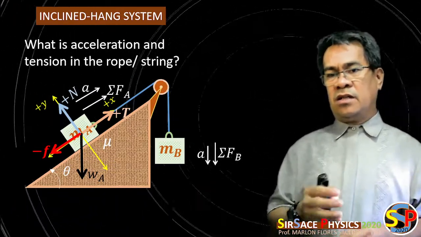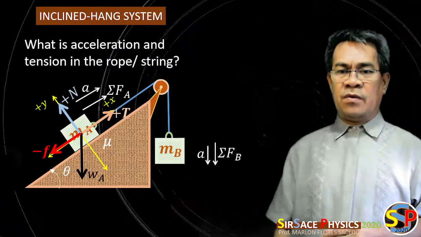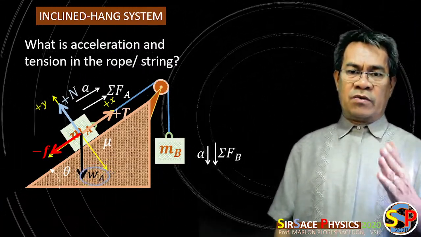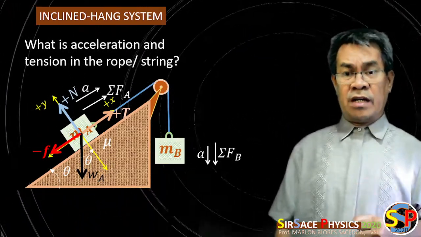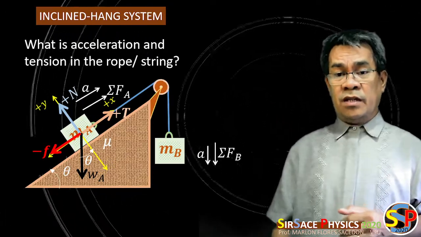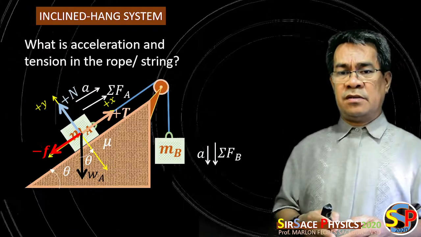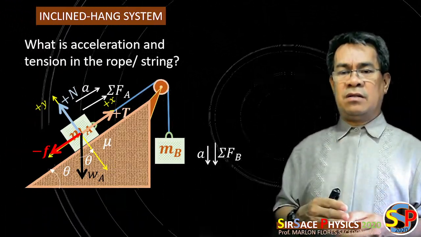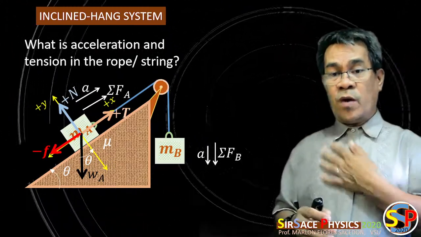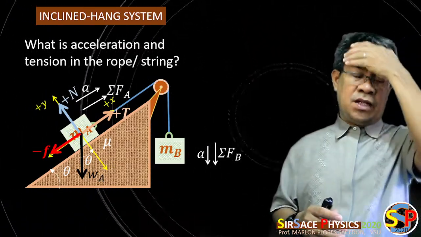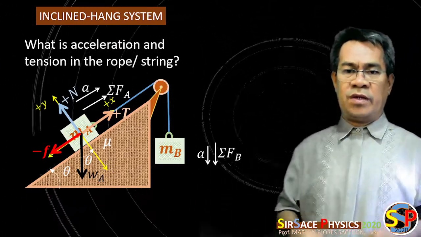Now look at the weight of the object. The weight has two components: a component along x and a component along y. Take note that whatever the angle of inclination will be the same angle between the gravitational force and the y-axis. That is by geometry. If you reduce the angle of inclination, the angle between y and the weight also decreases.